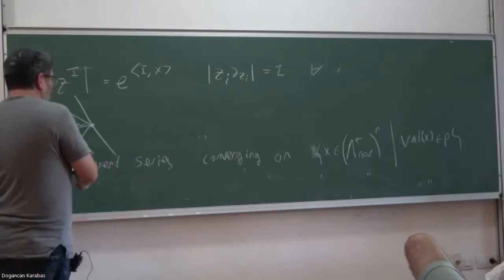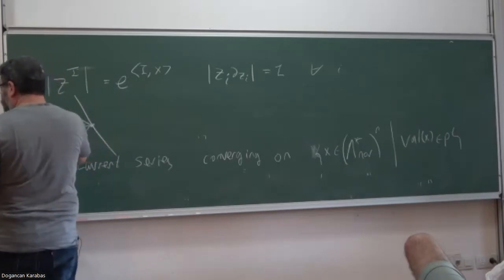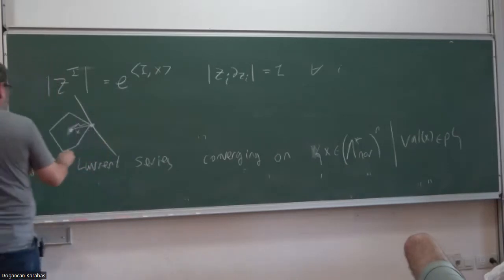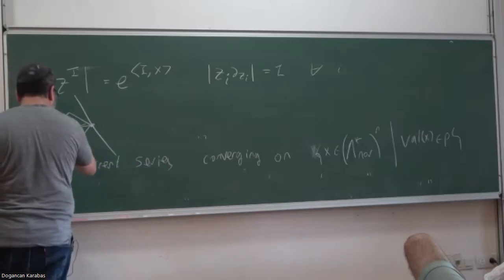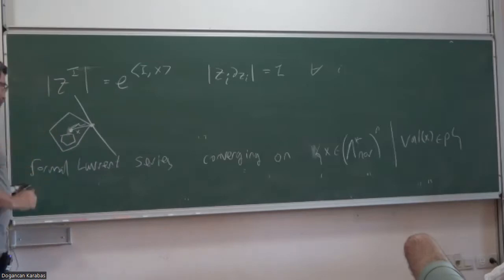And then, so this describes what we associate to a polygon P. And then if we associate to a polygon Q, it's really just restriction.